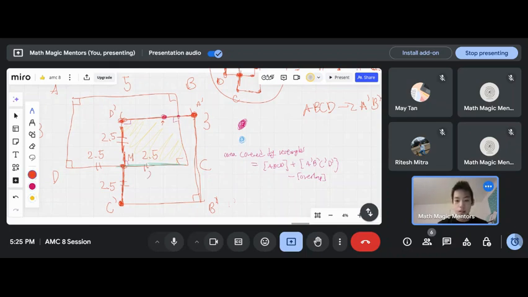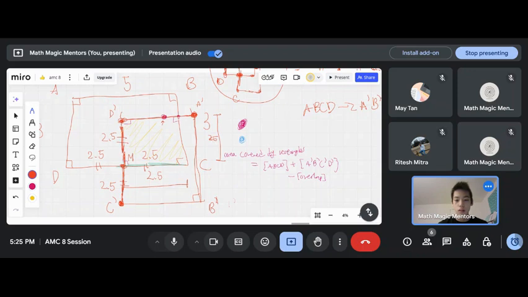The length is 2.5, just this much, and the height, or well, sometimes I confuse height and width. This should be just 2.5, right?